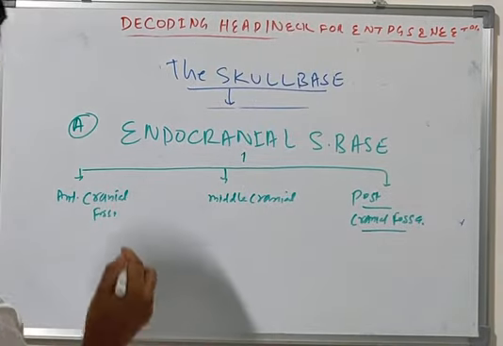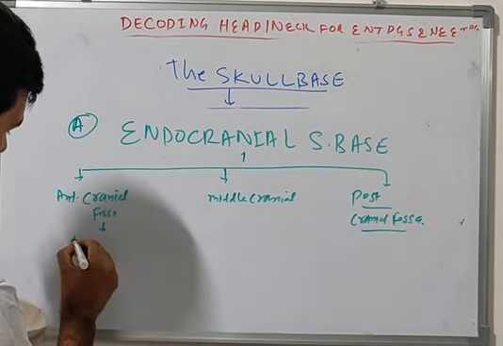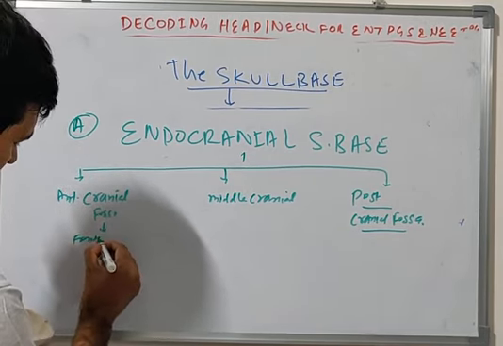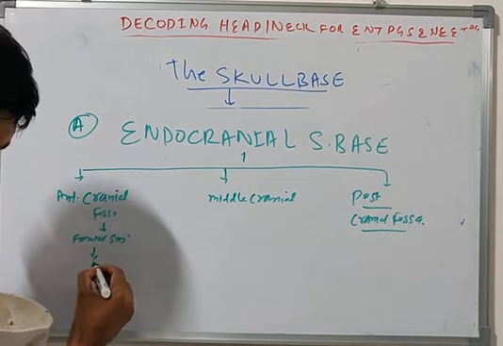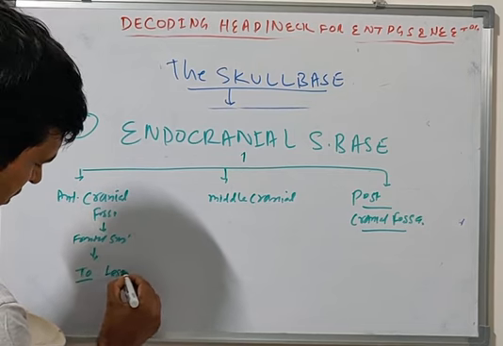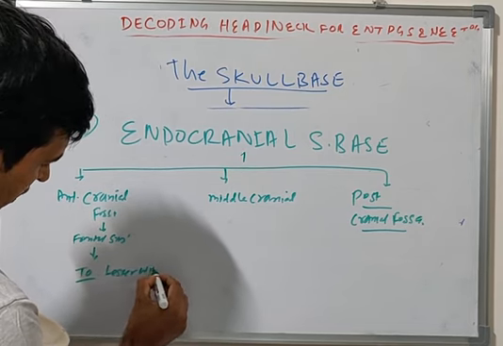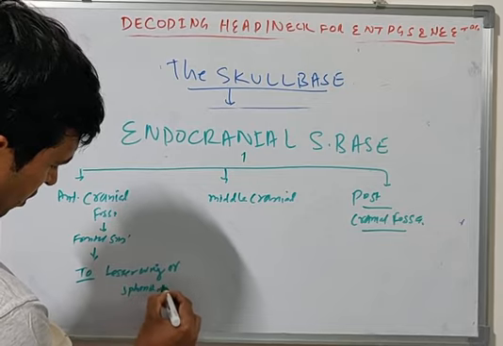The anterior cranial fossa extends from the posterior table of the frontal sinus to the lesser wing of sphenoid.